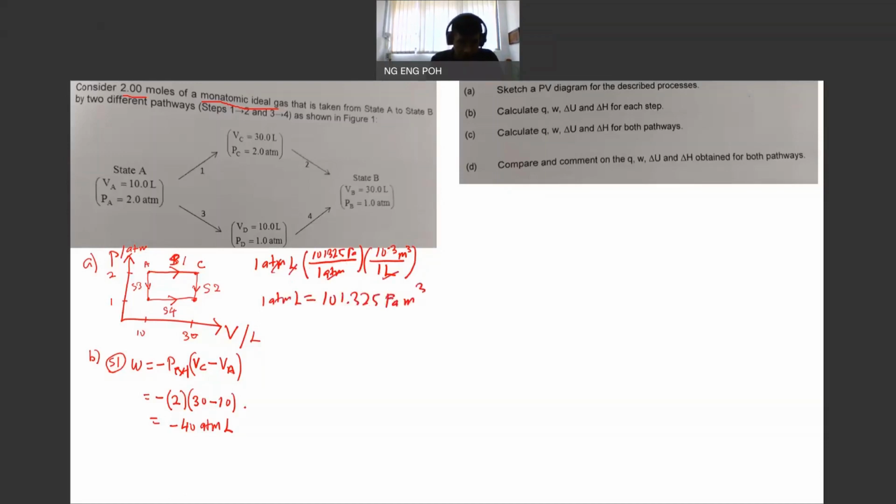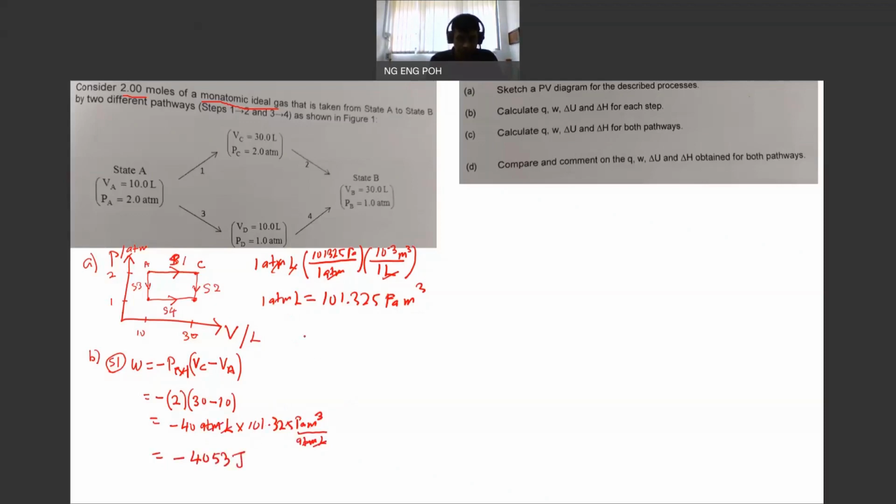So you just multiply with 101.325 Pa m3 per atm liter. The units cancel off, so you will get negative 4053 Pascal meter cube. This is joule.